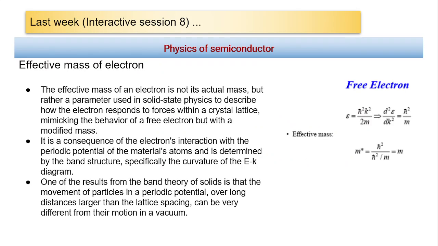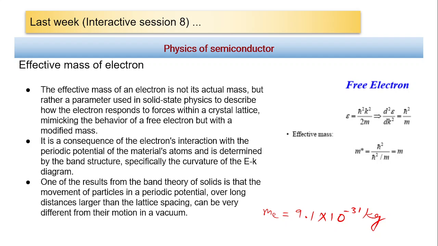Then we had discussed the concept of effective mass of electron. Usually, before that, we used to take the mass of electron to be 9.1 times 10 to the power minus 31 kg. But in the semiconductor topic, we saw that when an electron passes through a solid, the valence electrons are free to roam around and not bound to a particular atom, but still they are not free to go out of the solid completely.